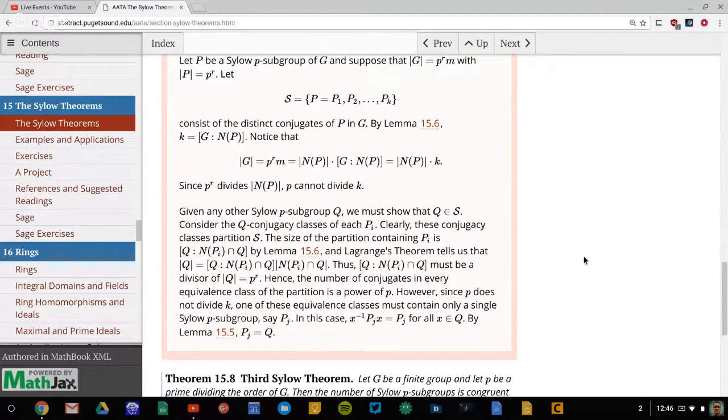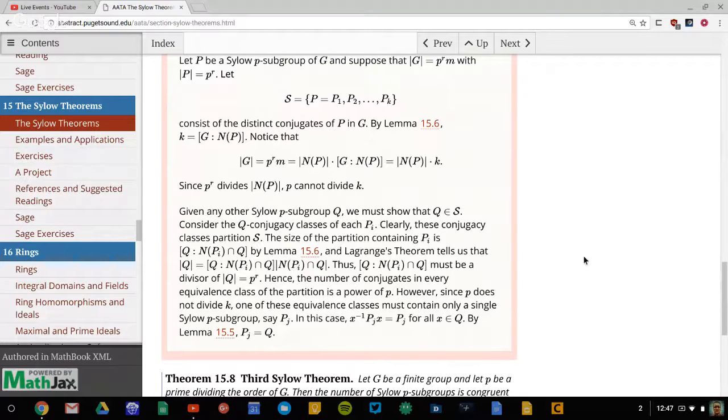So the number of conjugates in every equivalence class of this partition is a power of P. We already know P cannot divide K. Now, P to the 0 is included here, so 1 is a power of P. If all of them were a non-trivial power of P, then they would all be divisible by P, and therefore the total number of conjugates would be divisible by P. If the size of each cell in a partition is divisible by P, then the total number of elements in the whole set will be divisible by P as well.